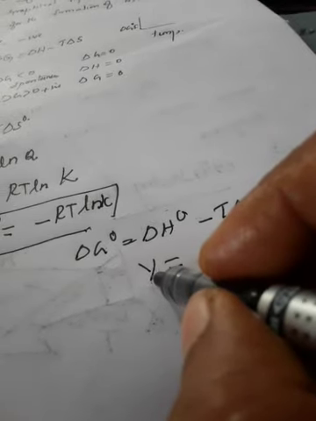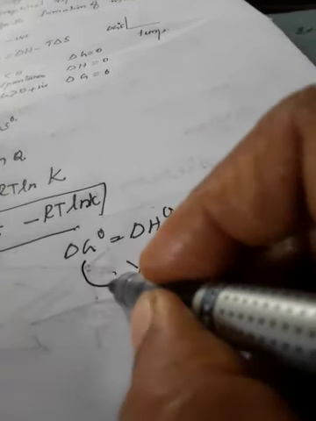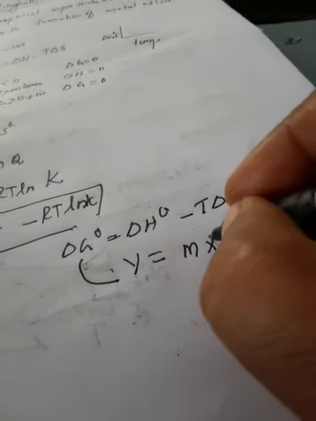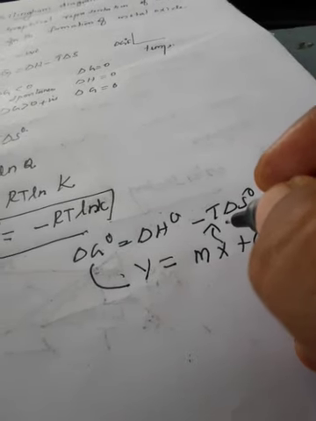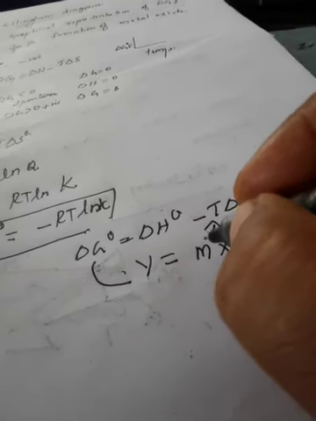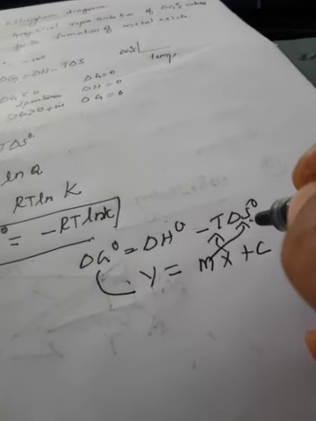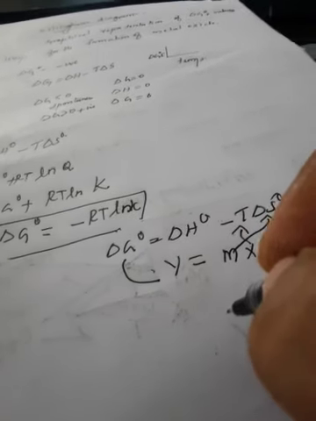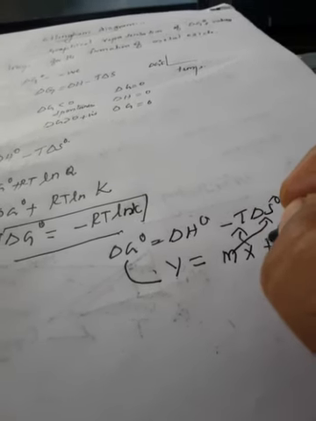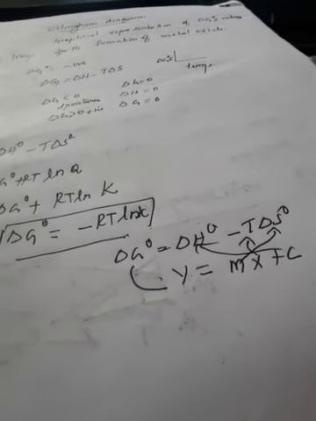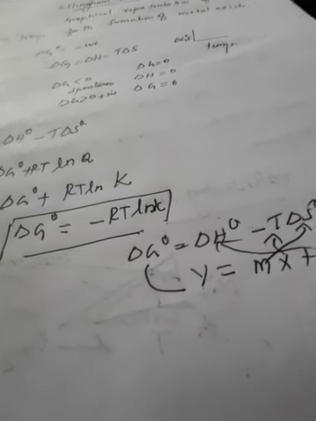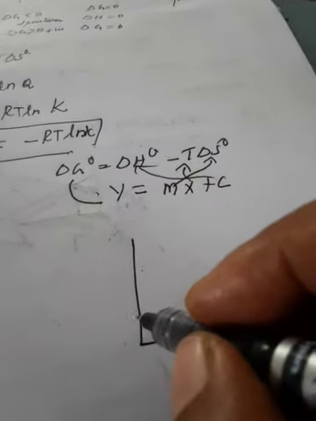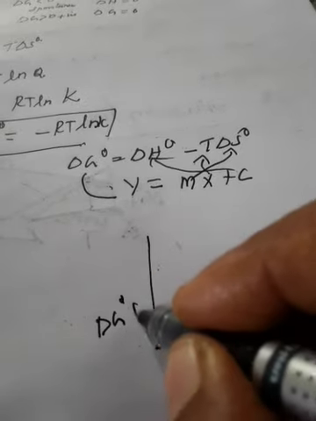Here y is delta G naught, x is temperature, m represents minus delta S naught, and c is delta H naught. So we plot a graph of delta G naught f value against temperature.